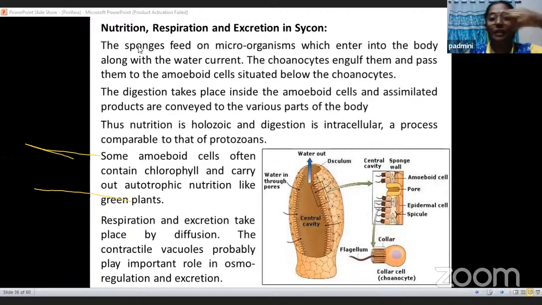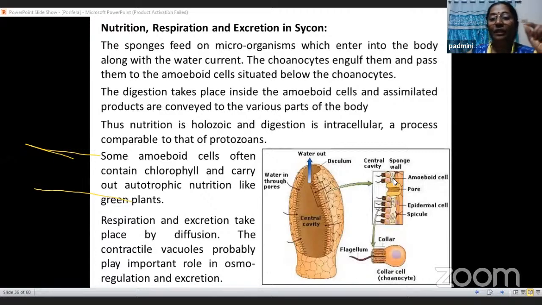And nutrition, respiration. What is nutrition? Whenever the water is coming inside, the water brings inside microorganisms. Whenever there's a microorganism coming, the choanocytes engulf them and pass them to the amoeboid cells situated below the choanocytes. As you can see in this picture over here, whenever the water is coming inside through the pores, the choanocytes, so these are the choanocytes, they engulf the food particles and they push them below. So can you see these amoeboid cells?